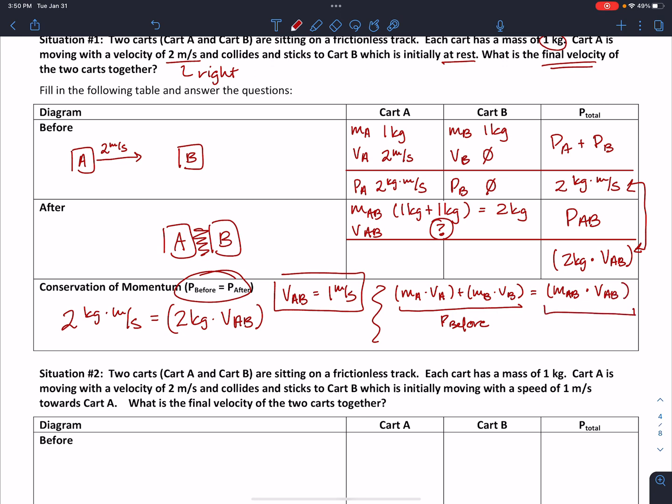And this is going to be our momentum after. So when we're talking about an inelastic collision, this is our handy formula. The two separately have to be equal to the two together, okay?